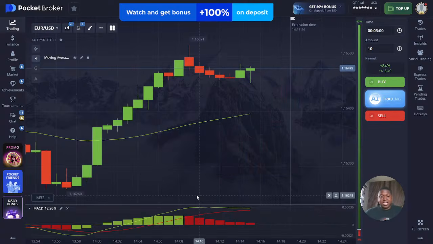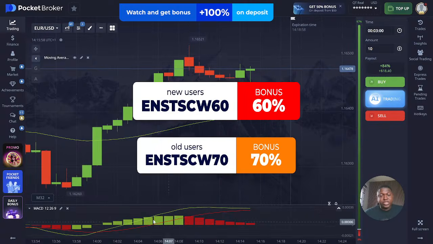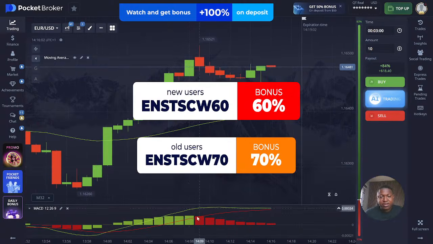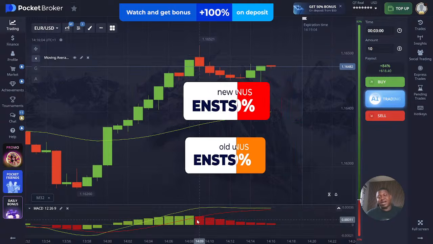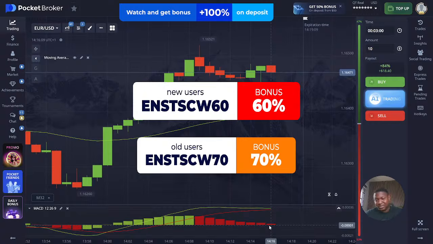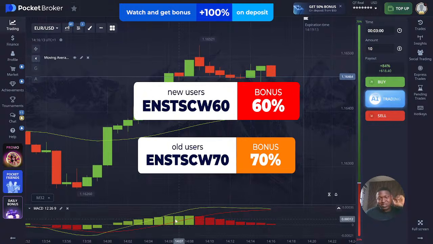When you see the MACD histogram, you have green and red bars. When MACD is showing you red bars, it means the market is on a downtrend or there's less momentum. When it's showing you green bars, it means the market is on an uptrend.